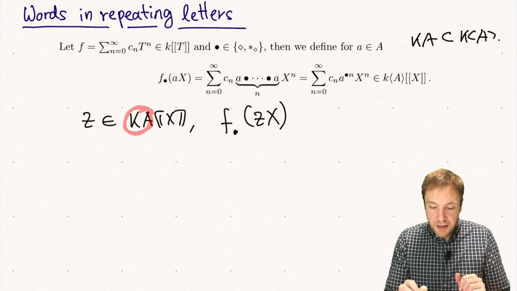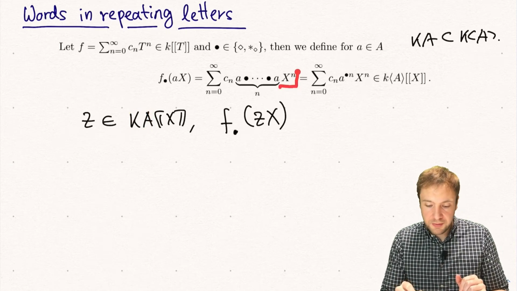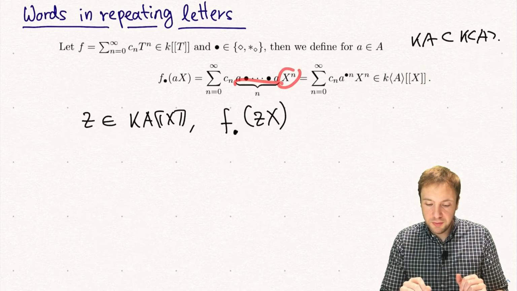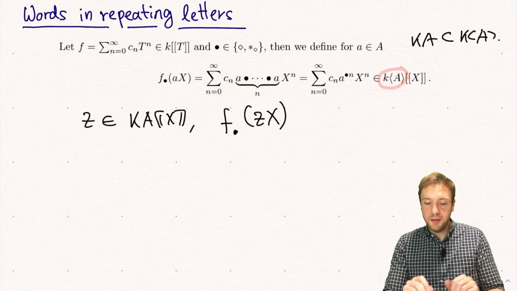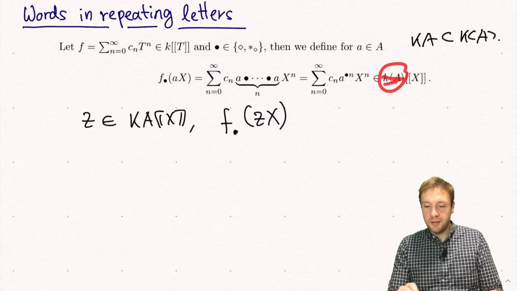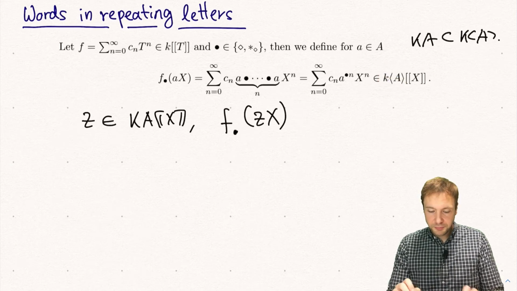One more comment: these x are just the variables, so they commute with the coefficients, but the coefficients are usually non-commutative because they are elements in this space.